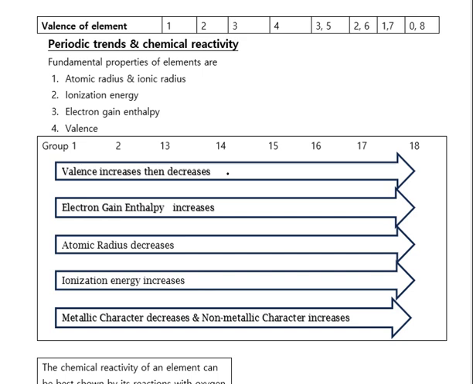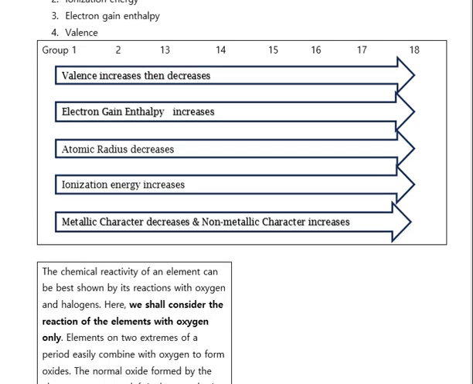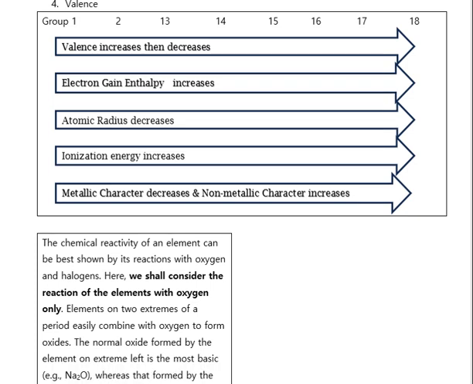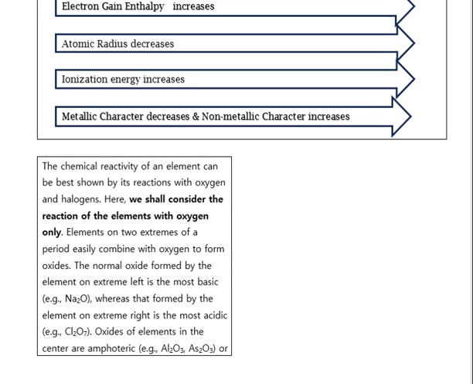So these are the properties we should learn from the periodic table. All this information will be very important in other chapters. These properties will be very useful for us.